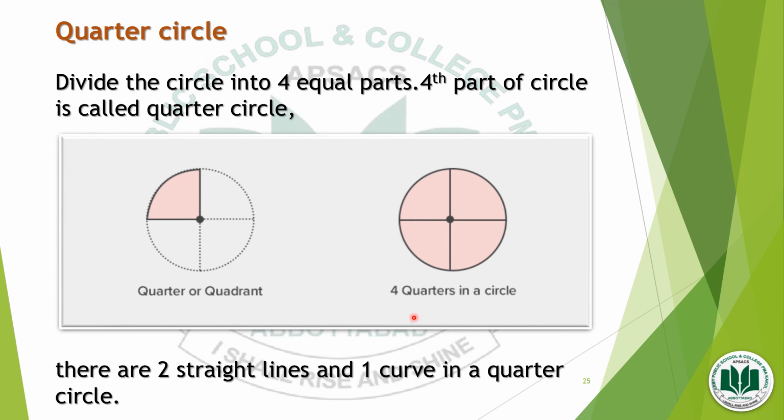Four quarter circles make one circle, and in a quarter circle we have two straight lines. This is one straight line, this is another straight line, and this one is the curve. So in a quarter circle we have two straight lines and one curve. This is the way of identification of a quarter circle. In a semicircle we have one straight line and one curve, but in a quarter circle we have two straight lines and one curve.